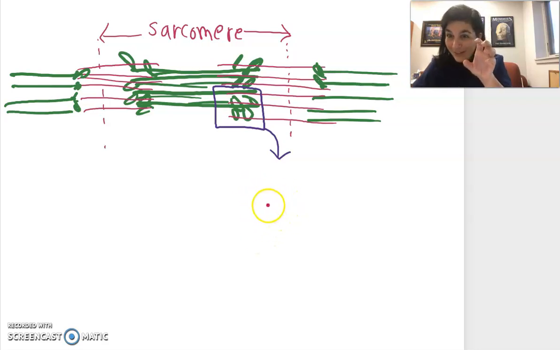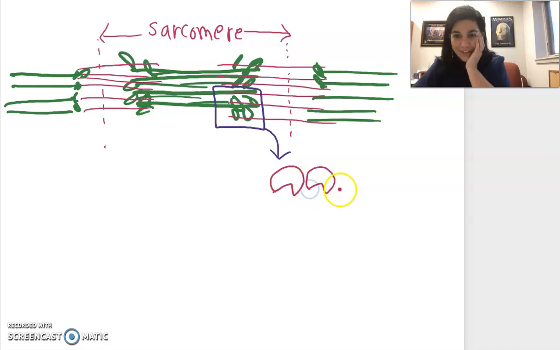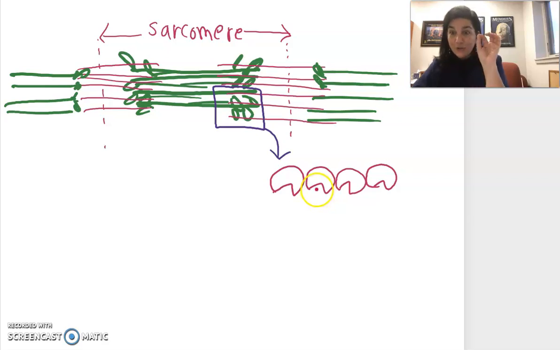Now I'm going to zoom in on the actin filaments, and I'm going to draw only 4 globular heads. If you remember from my other video where I explain actin and myosin filaments, the F-actin, the filament, is actually made of globular actin, G-actin, so tiny little beads all together next to each other make up the F-actin.